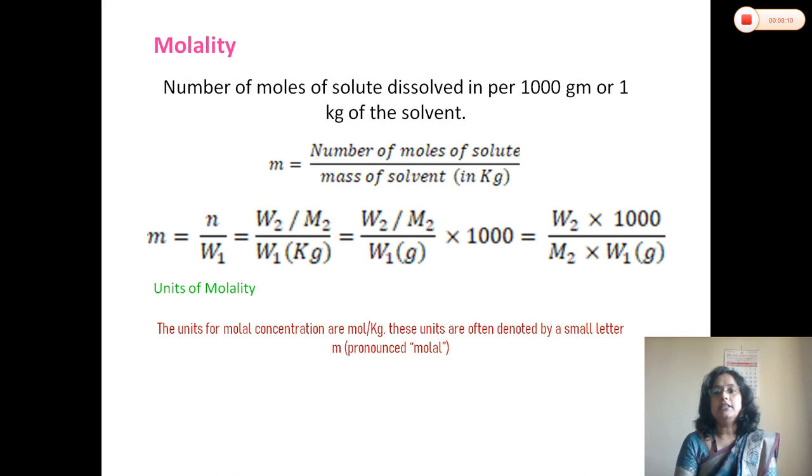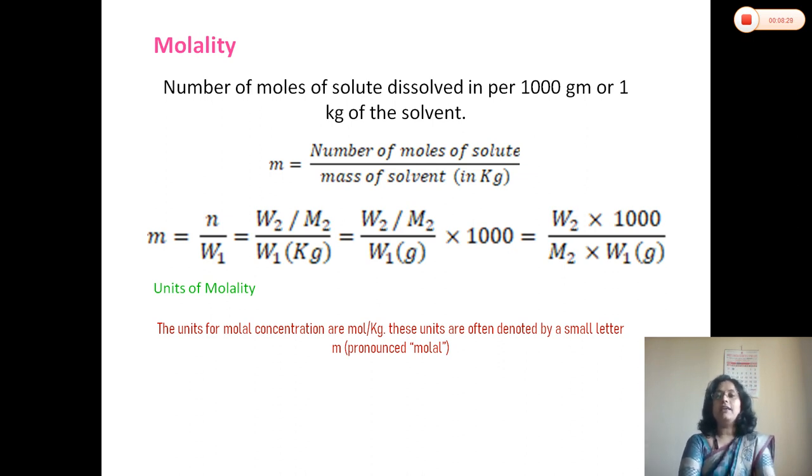Next concentration term is the molality. Now what is the molality? Molality is the number of moles of the solute dissolved per 1000 gram or 1 kg of the solvent. Now see, what is the difference between molarity and molality?